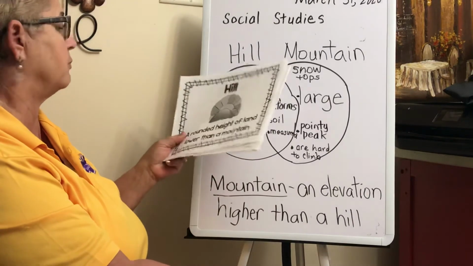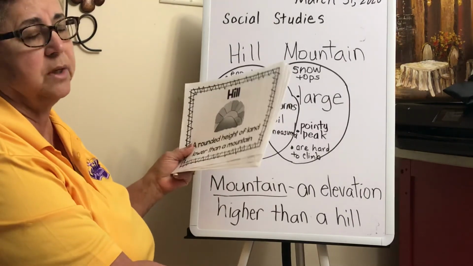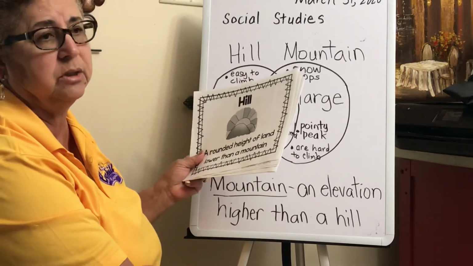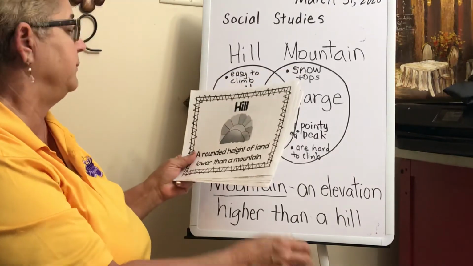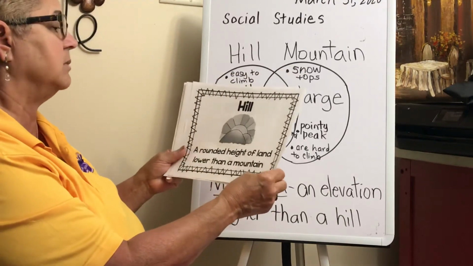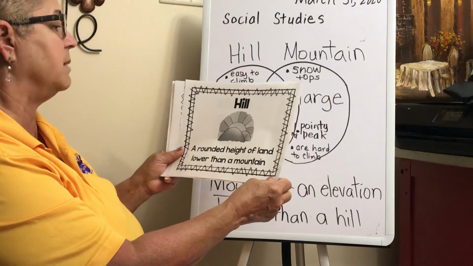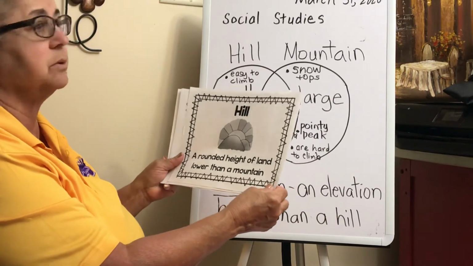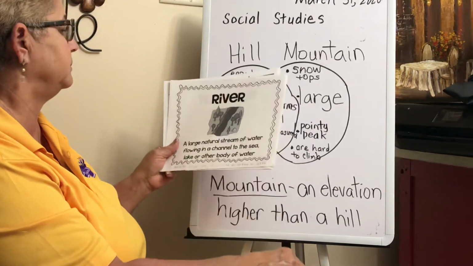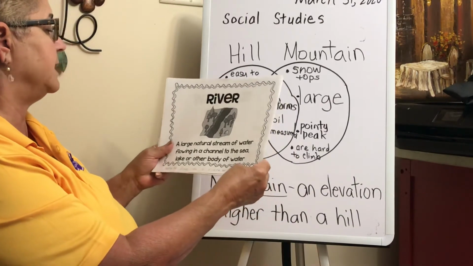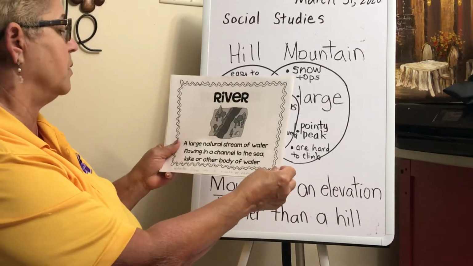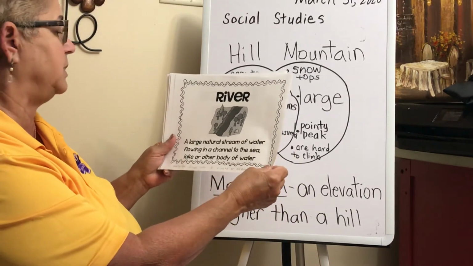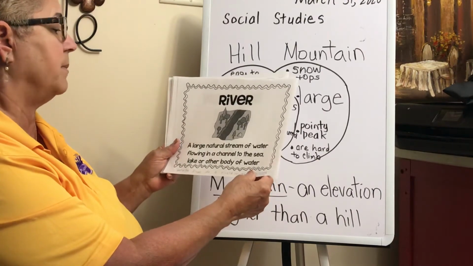We have the Rocky Mountains. We have the Appalachian Mountains in our country. A hill is a rounded height of land lower than a mountain. Most hills we can climb. A river is a large natural stream of water flowing in a channel to the sea, lake, or other body of water.